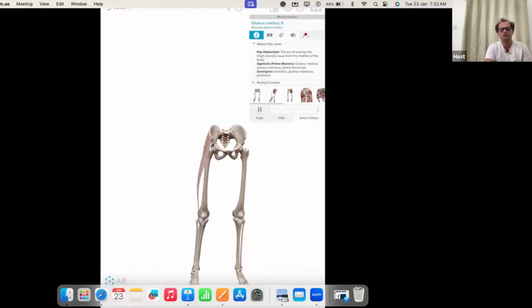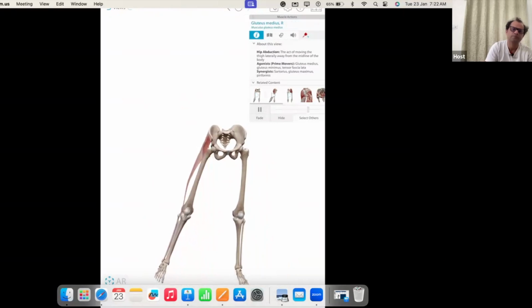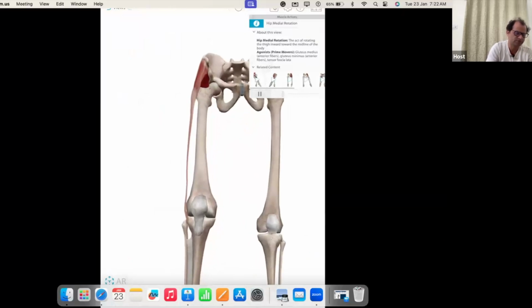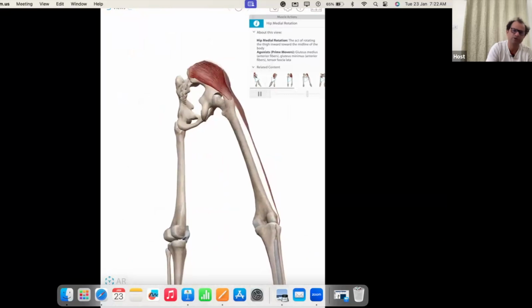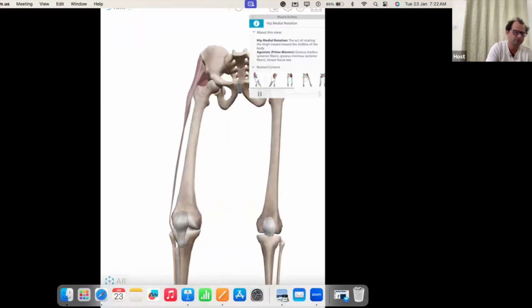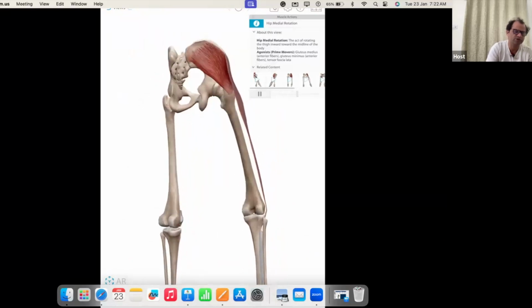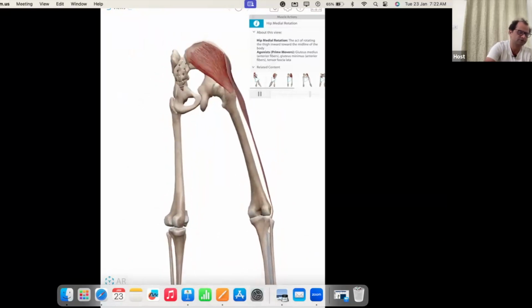So hip abduction यानी पैरों को दूर ले जाने वाली जो मसल है, the same muscle are doing internal rotation. We can see the same muscle are doing the medial rotation. The three muscles, gluteus medius, tensor fascia lata and minimus.